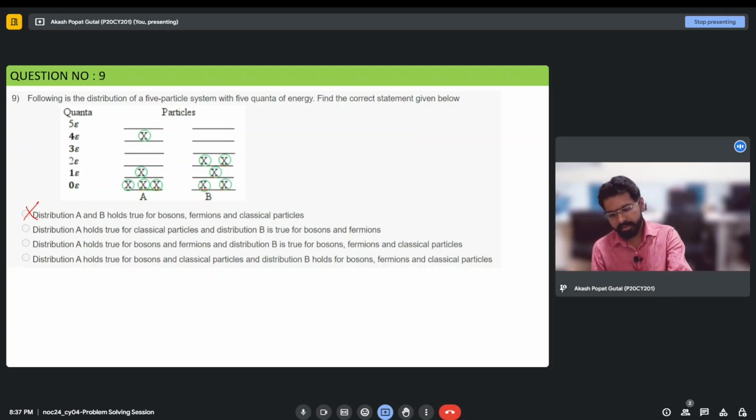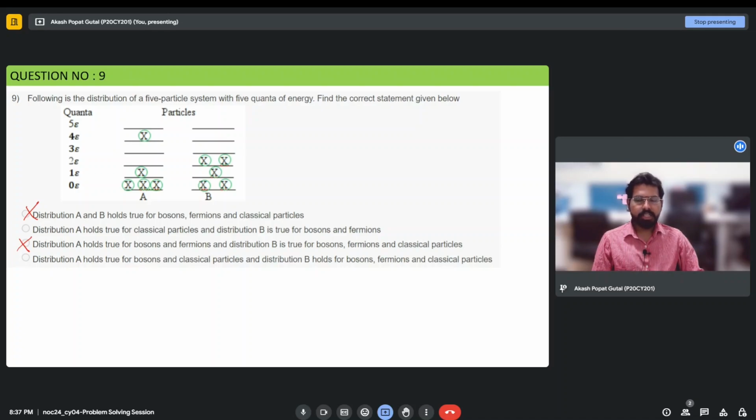So the third option is also wrong. So we need to check the second and fourth. The fourth is: distribution A holds true for bosons and classical particles, and distribution B holds for bosons, fermions, and classical particles.